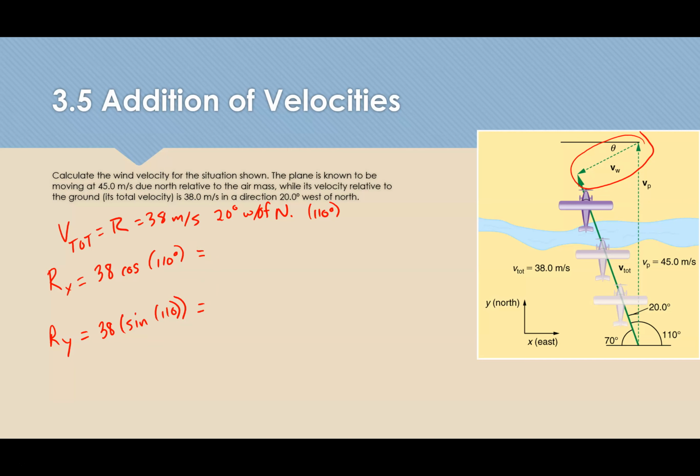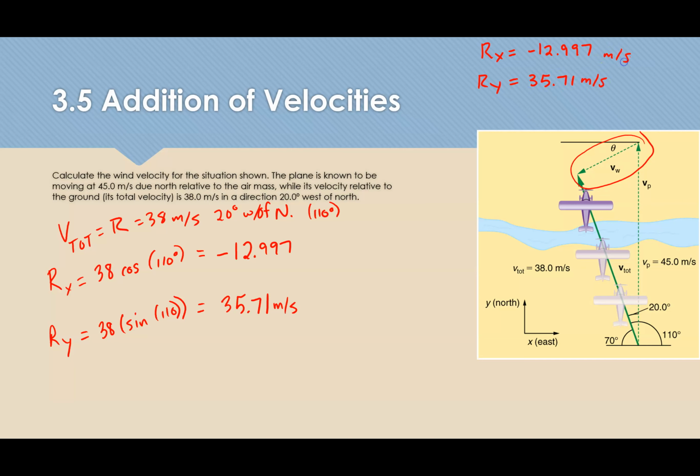I'm going to get an Rx that is negative and an Ry that should be positive. I'm going to write some of this information off to the side. I want you to be able to track information. And Ry is 35.7 meters per second.